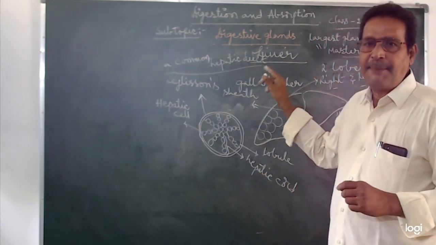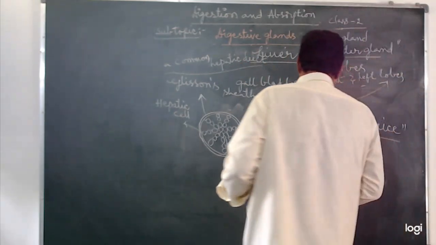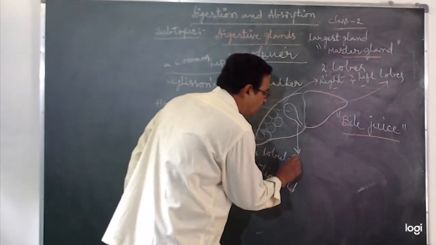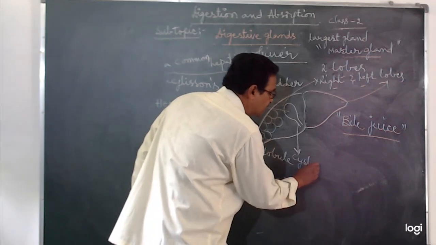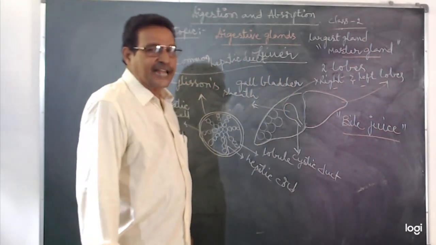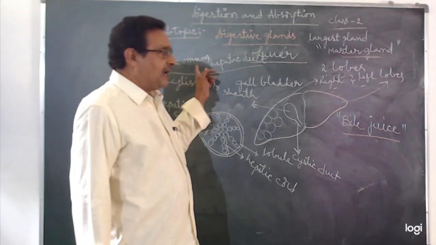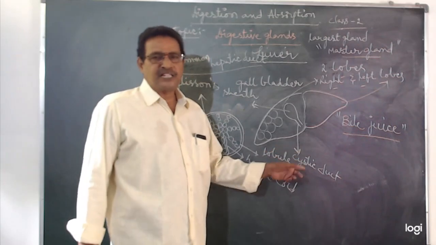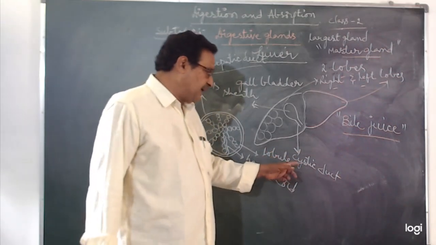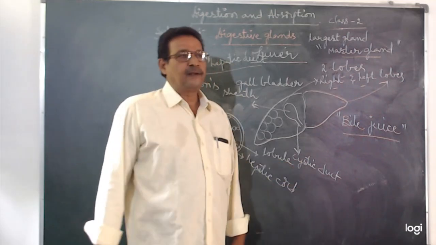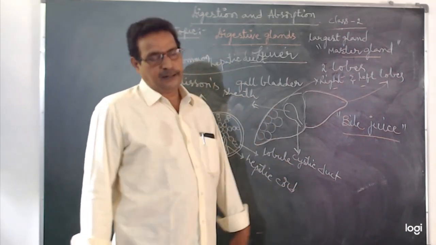This common hepatic duct will join with another specific duct that is called cystic duct. Cystic duct is given by gallbladder.